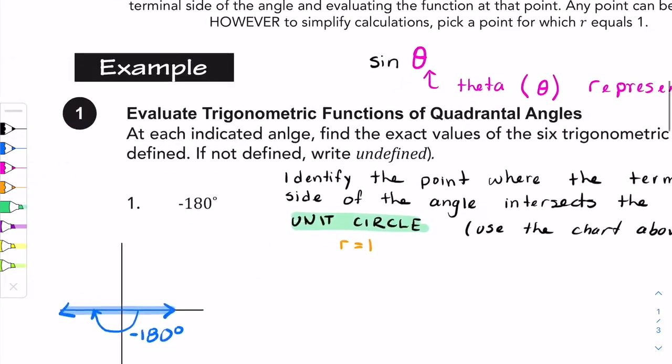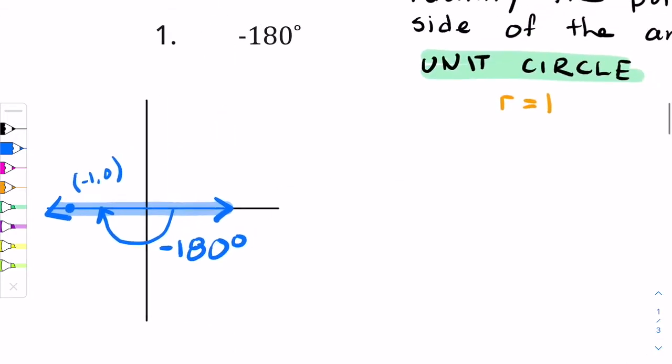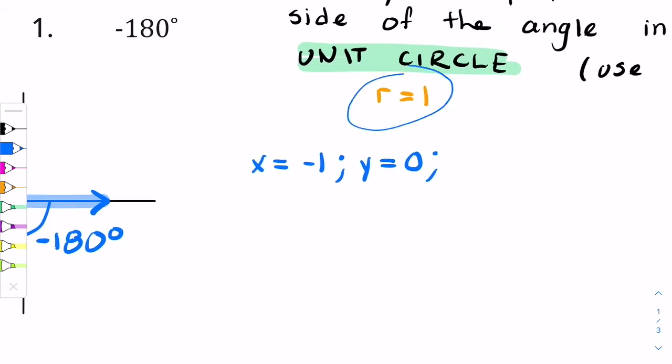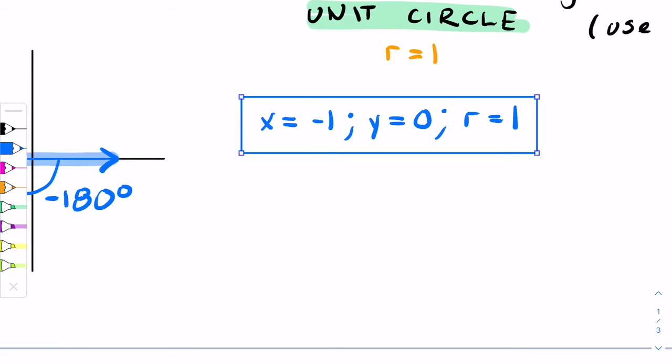So if that point, which I will sketch right here, is at negative 1, 0, that tells me that my x value is negative 1, my y value is 0, and because it mentions the unit circle, we know that our r value is 1. This here sets me up for my 6 trig functions.